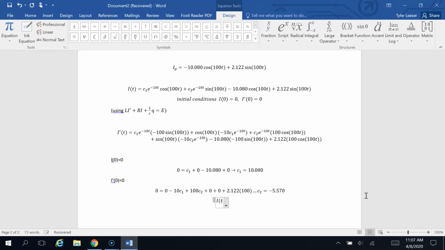My final current I is going to be kind of gross looking: 10.080 e to the negative 10t cosine 100t, minus 5.570 e to the negative 10t sine 100t, minus 10.080 cosine 100t plus 2.122 sine 100t.